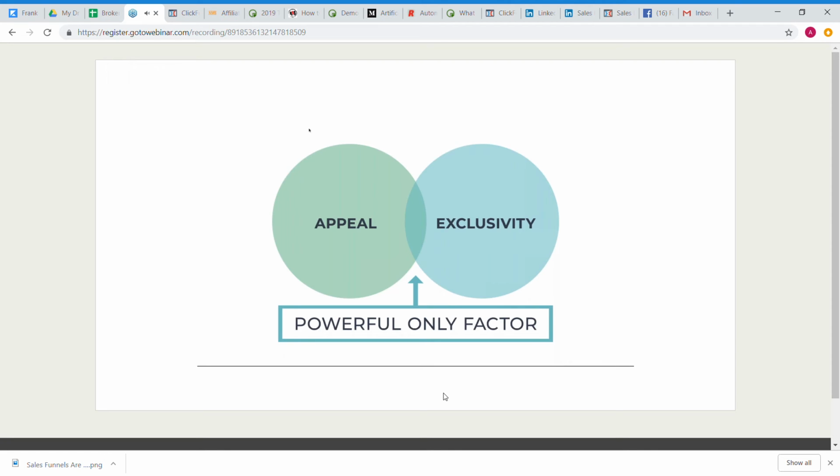Now, the original pitch was for $5K, of which Anthony's fee was $2,000. 5 months later, Anthony's fee, $10,000. How did he do it? ETR. He produced exclusive, tangible results.